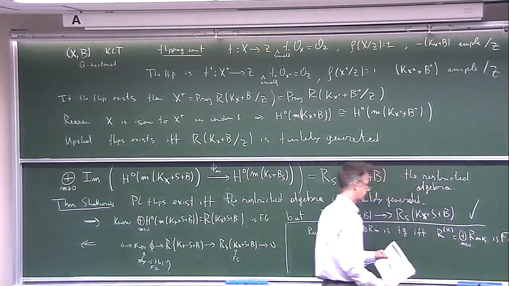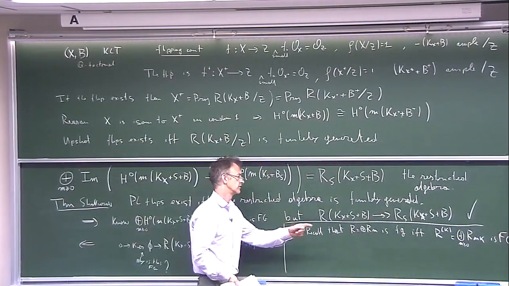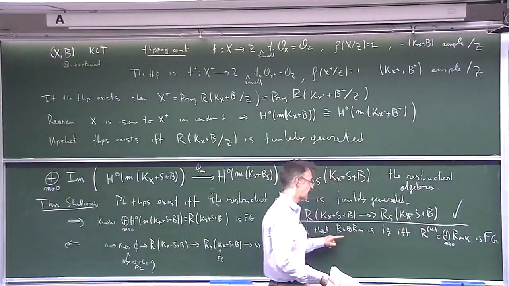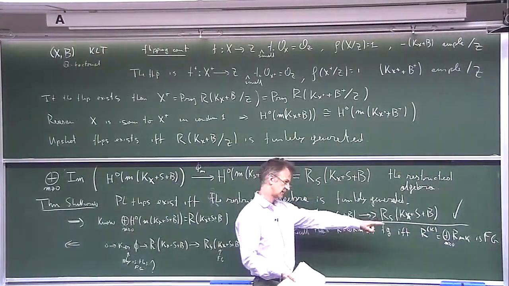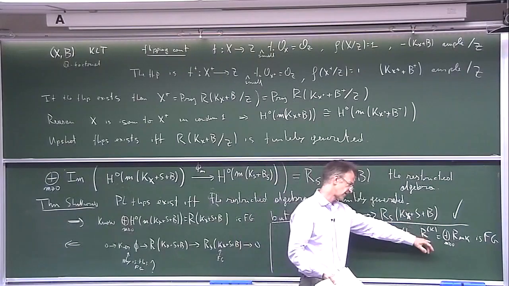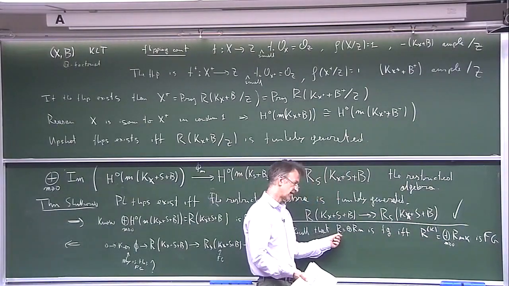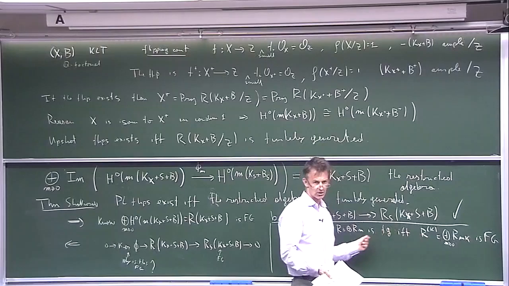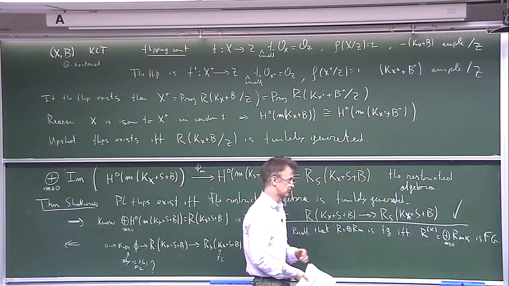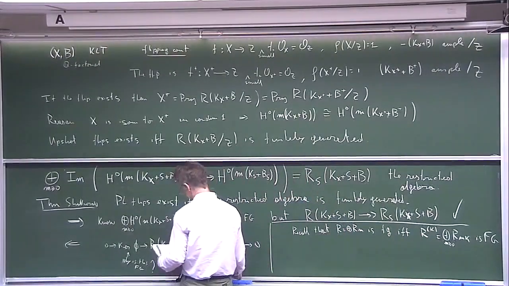We discussed this before. You view this as a ring of invariants in here. So if this is finitely generated, then that's finitely generated. And if this is finitely generated, well, everything in here is integral over that, and so by the theorem of Noether, that's also finitely generated.